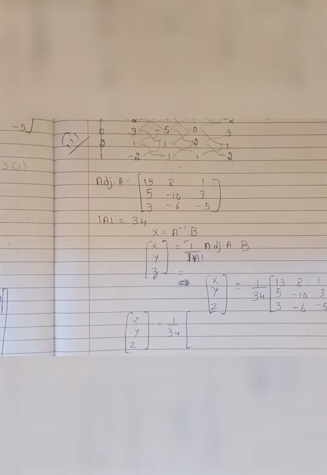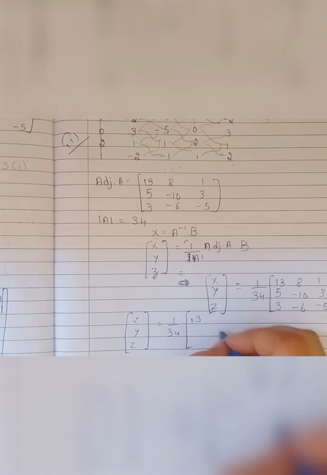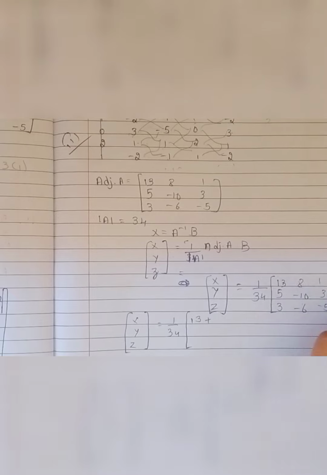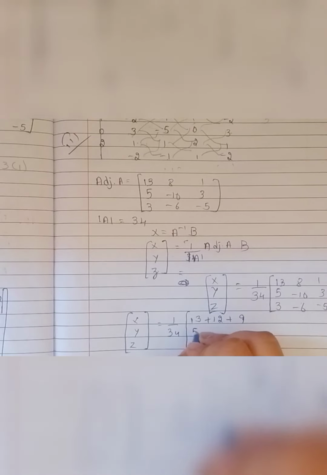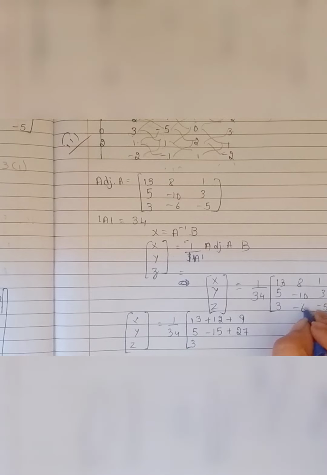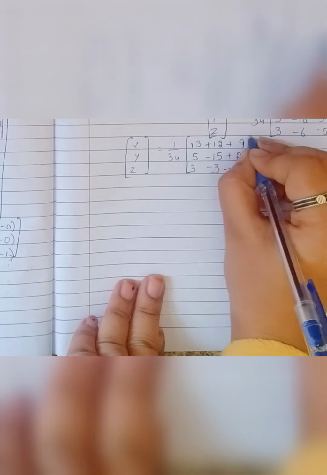We have to multiply both of them. So 13 ones are 13 plus 3 4s are 12 plus 9 is 34, 5 ones are 5, 2 5s are minus 10, 3 5s are minus 15 plus 3 9s are 27, 3 ones are 3, 2 3s are 6 and 3 3s are minus 9 minus 45.